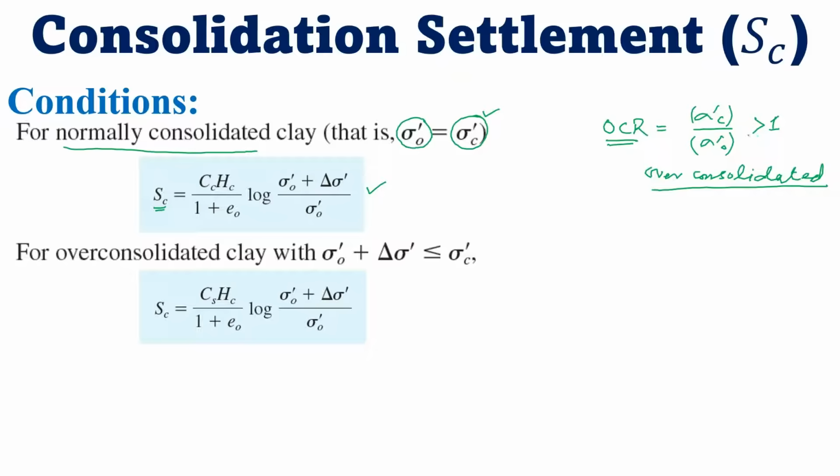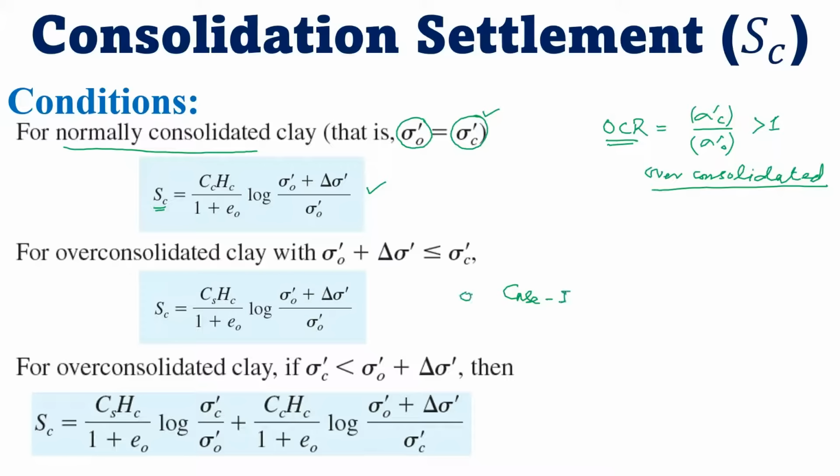We have two cases for the over consolidated case. This is case 1, which we normally call over consolidated case 1, and this is case 2. So if sigma dash C is greater than sigma dash naught, simply their ratio will be greater than 1. Then which case will be applied, this one or this one?